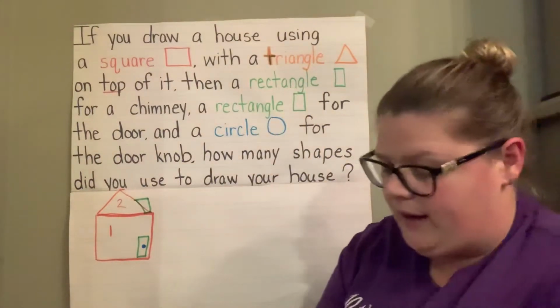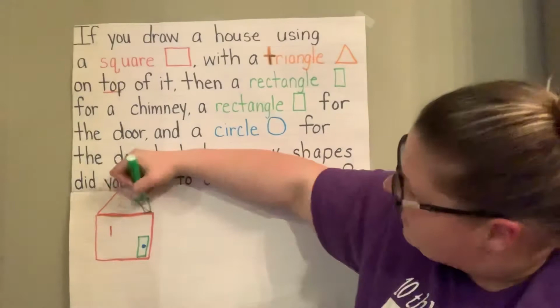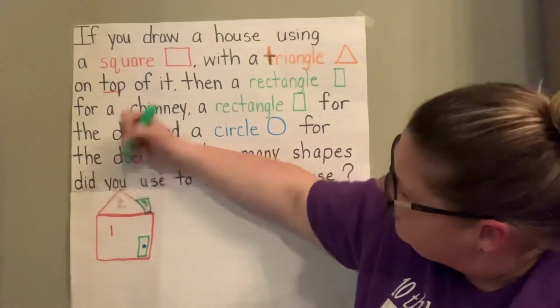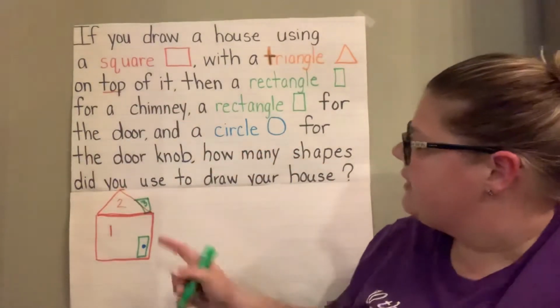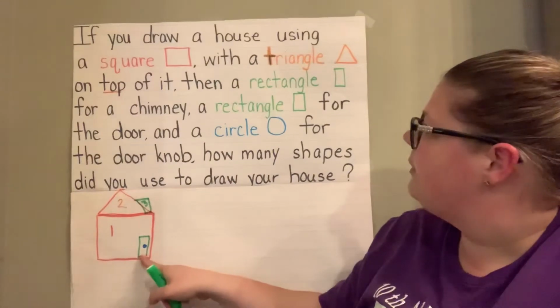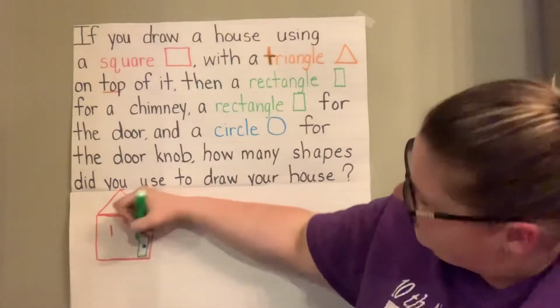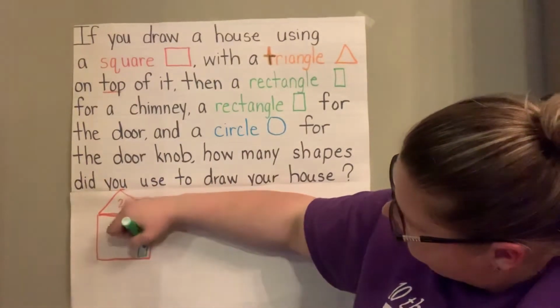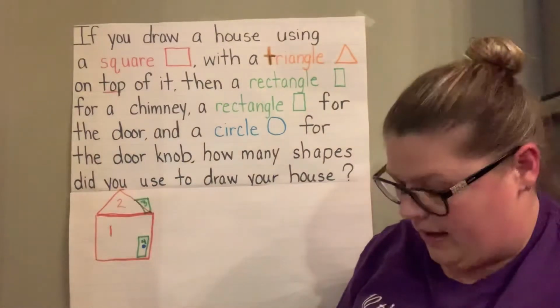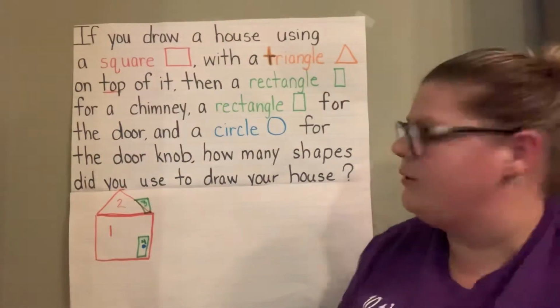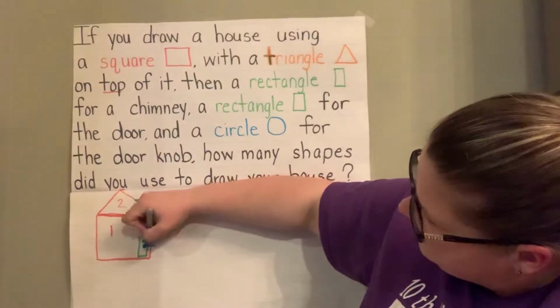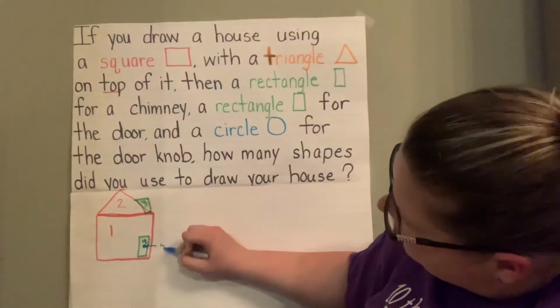So we're going to find the first rectangle we drew, and that would be number 3. And then the second rectangle we used would be number 4. And our last shape that we used was a circle.